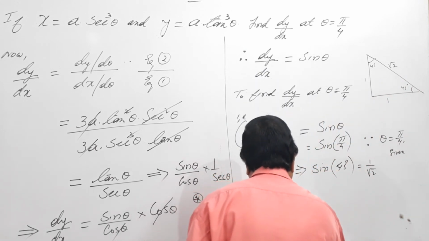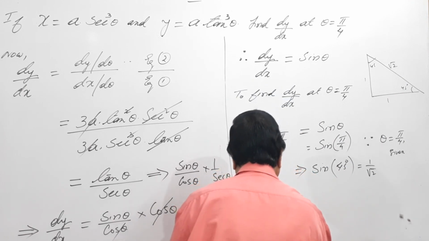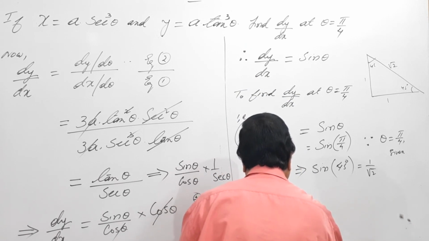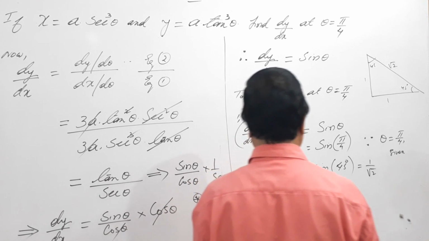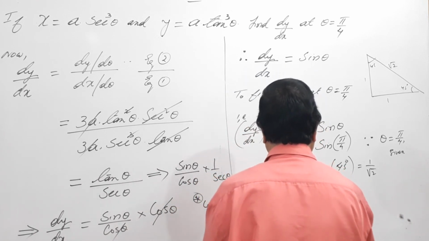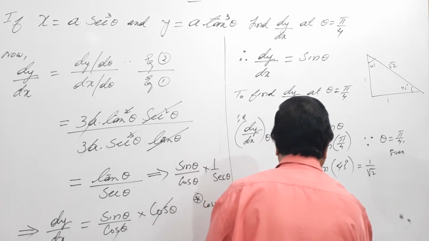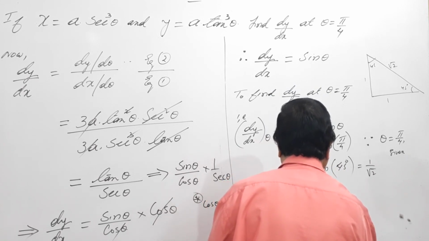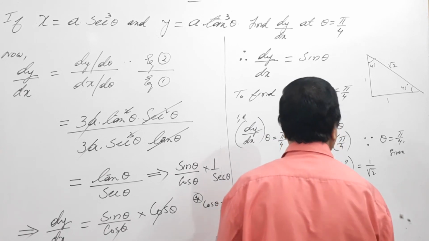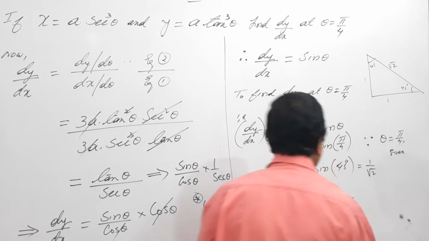Therefore dy by dx at theta equals pi by 4 equals 1 by root 2. This is the answer.